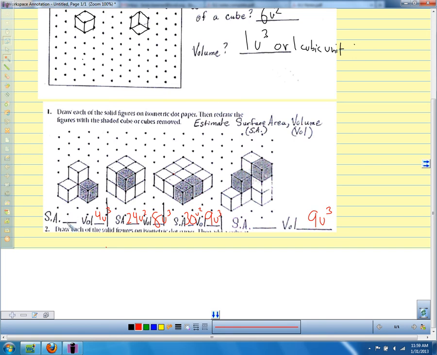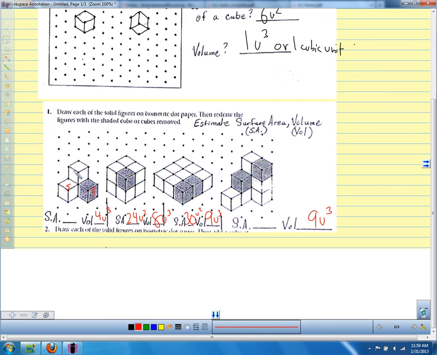How about this one? What's going to be the surface area of this shape? It gets a little more complicated when they're arranged like this. What I do is break it down and look at each square at a time. So how many squares are going to be showing on the outside of this one? 5. It's only touching on one side, so I'm going to have 5 there. Well, this one's going to be the same. 5 there.